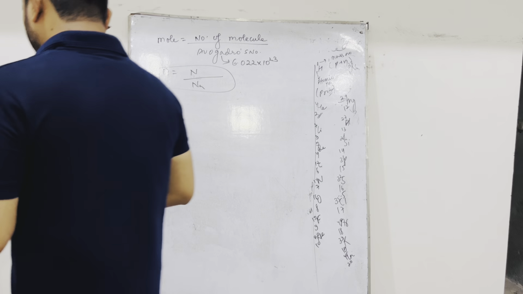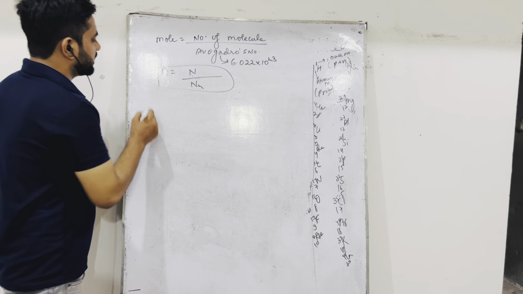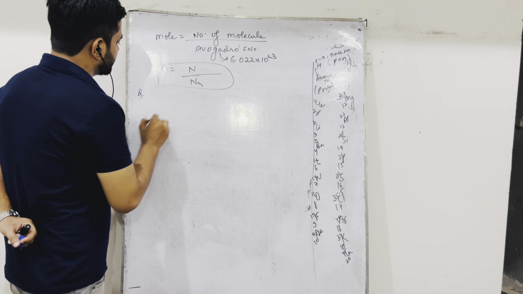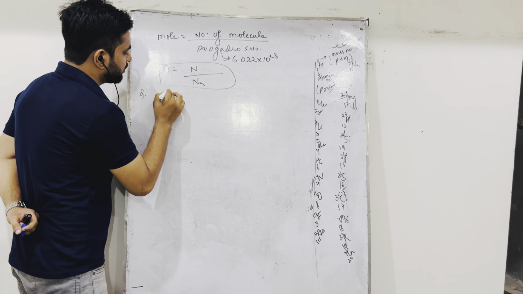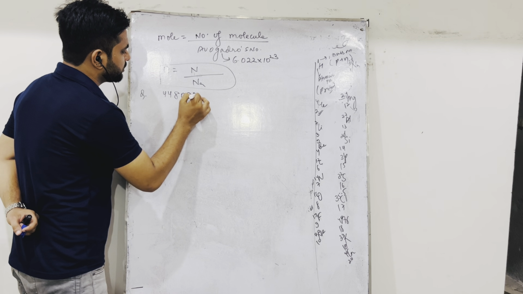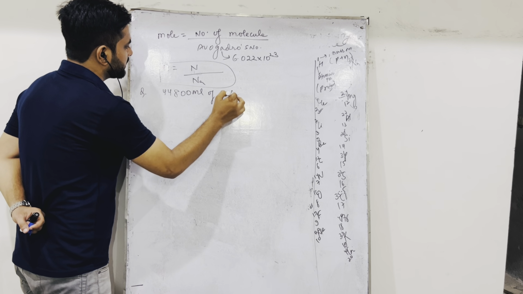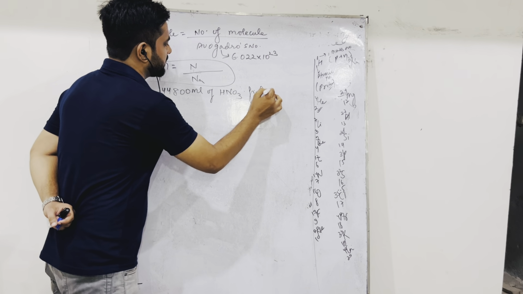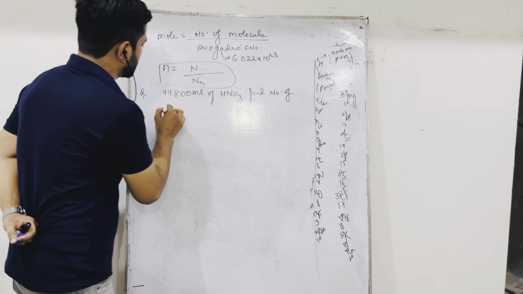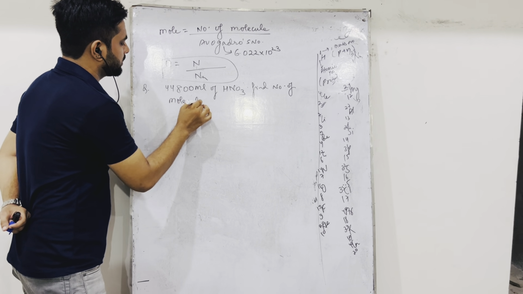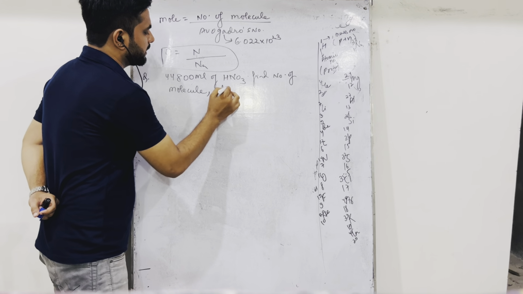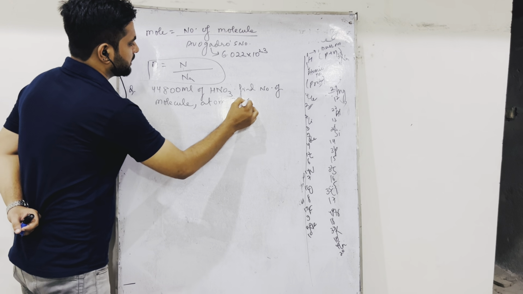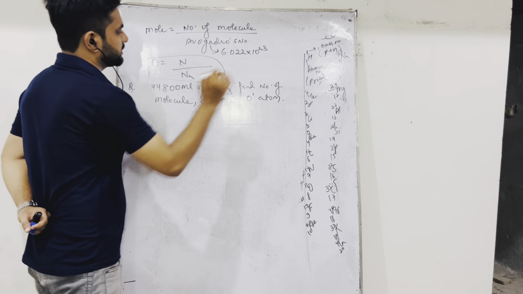Okay. Let me give a small question. I will give you 44800 ml of HNO3, nitric acid. Find number of molecule, atom and oxygen atom.